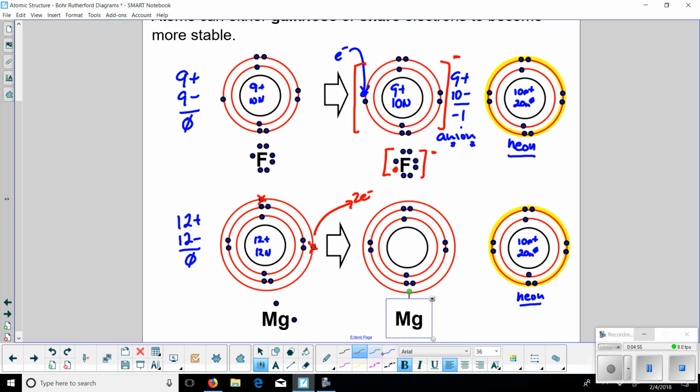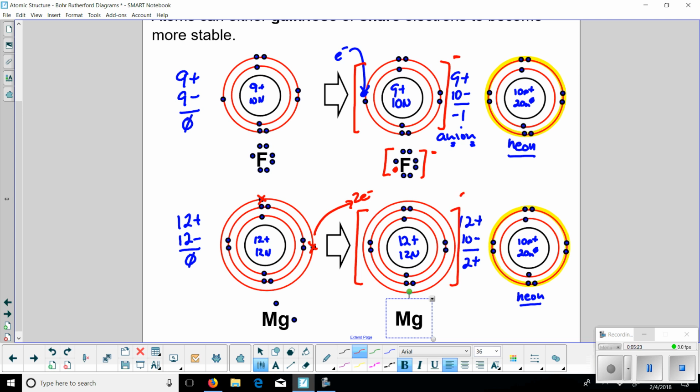Now to indicate this, we're going to look at the nucleus. We've got 12 protons. That hasn't changed. 12 neutrons. But remember, we lost 2 electrons. We only have 10 electrons now, so 10 negative charges. So we have an overall charge of positive 2, 2 plus. So we put square brackets around this atom to indicate it's now an ion, and we show the charge up here.